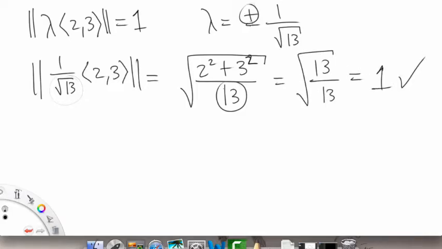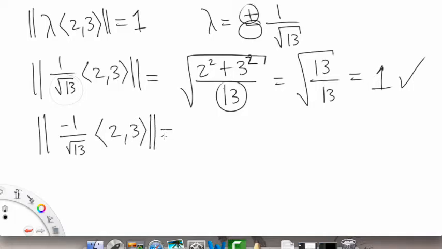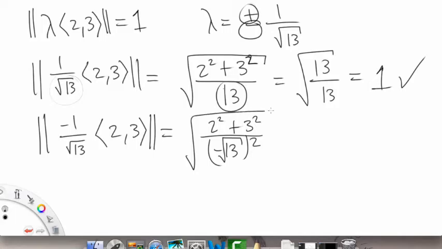So the positive one works. Now let's check the negative one. If we have negative 1 over square root of 13, and then our 2 and 3, if we take the magnitude, then we have the negative square root of 13 under here, that's squared, underneath 2 squared plus 3 squared, all under the square root, and that also is going to come out to be 13 over positive 13 because that's squared, and then this also equals 1.